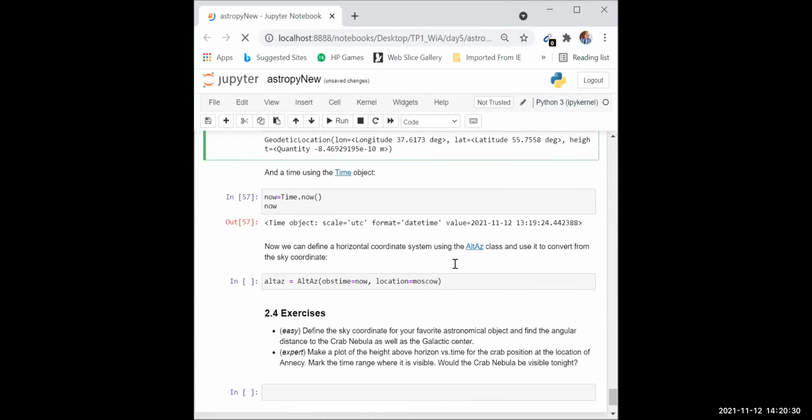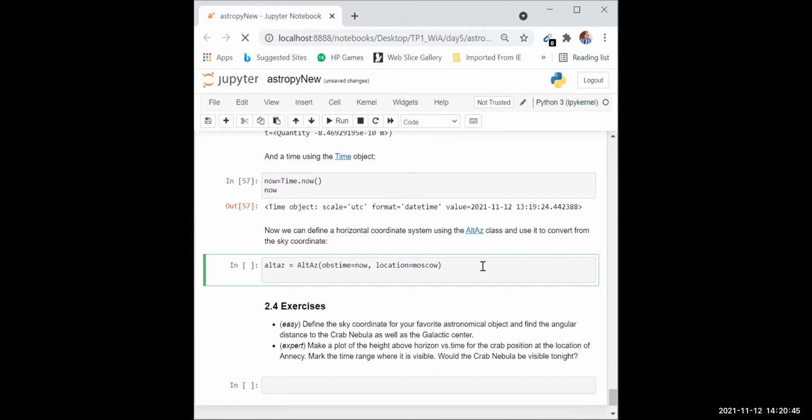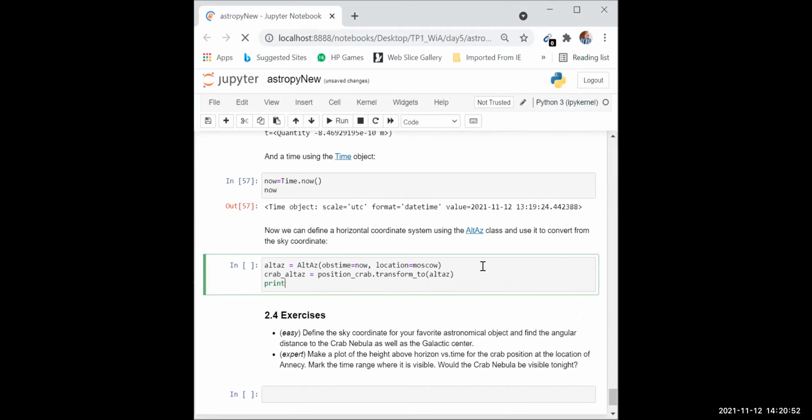So I'm putting that here, and I want to see where that crab, the crab which we had, is in alt-azimuth at this time. And we will print this: print crab alt-azimuth.